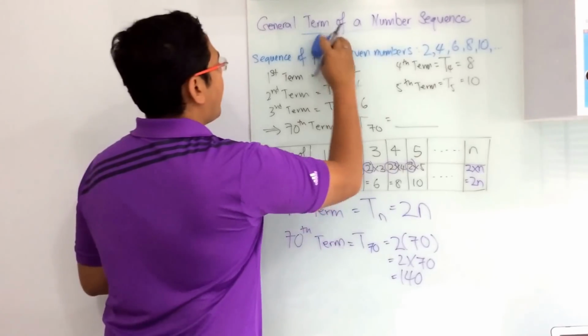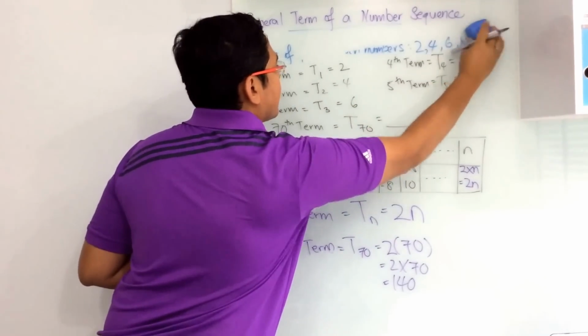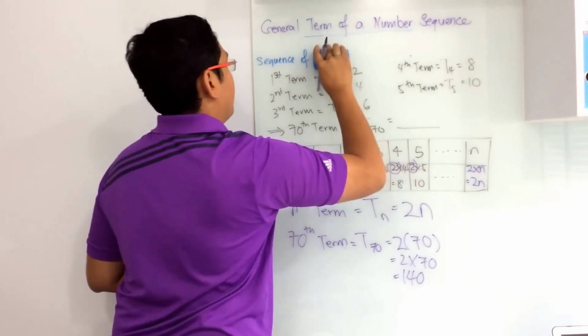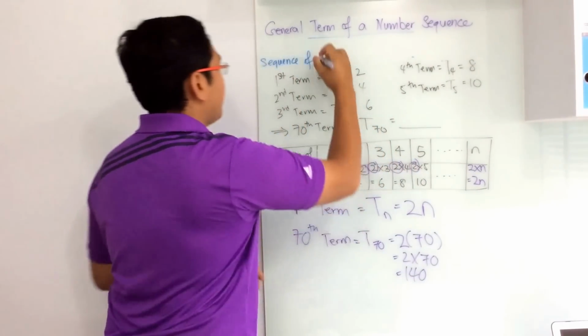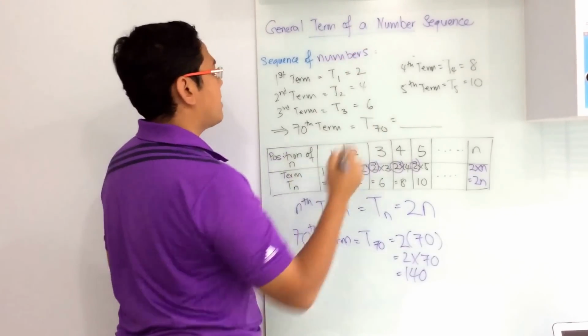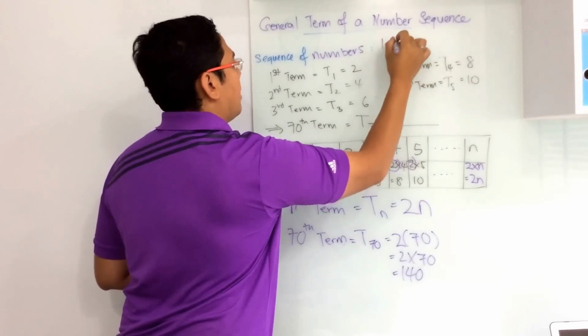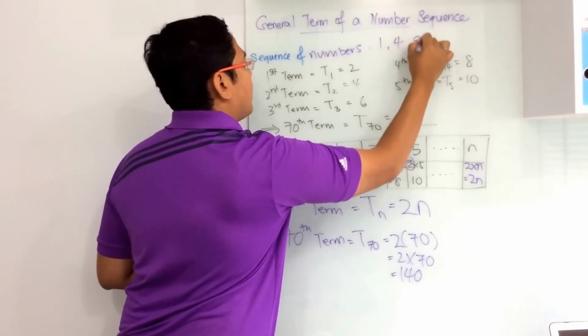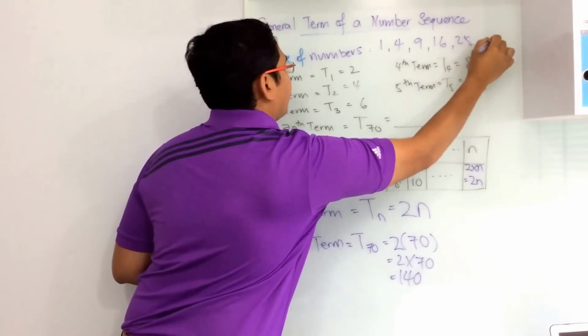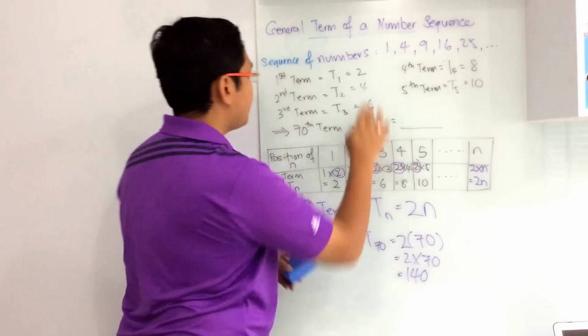What if the number sequence is given to you as 1, 4, 9, 16 and 25.